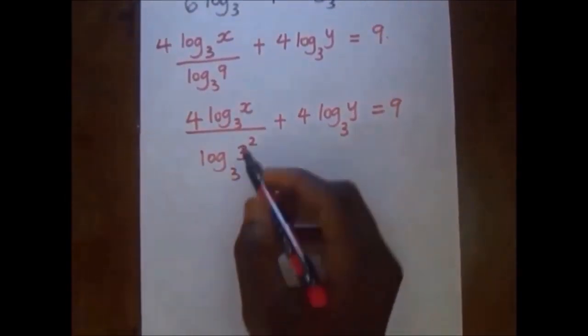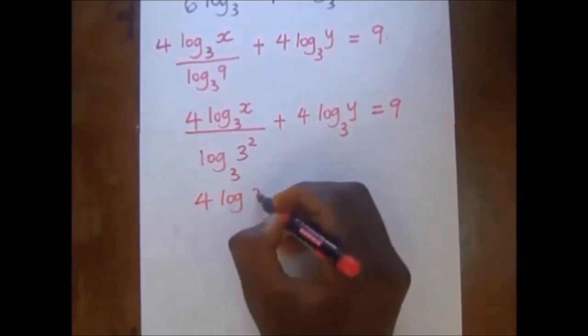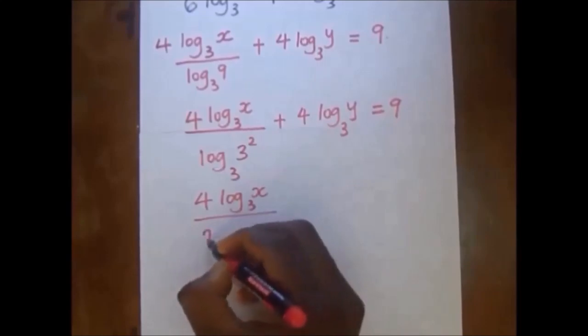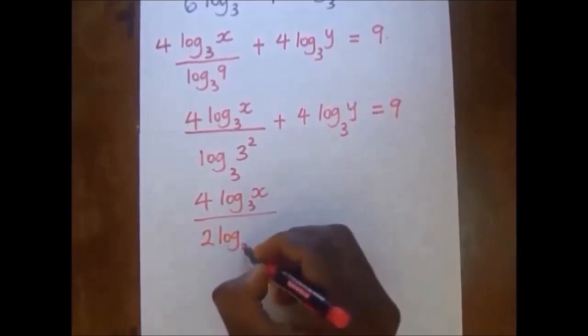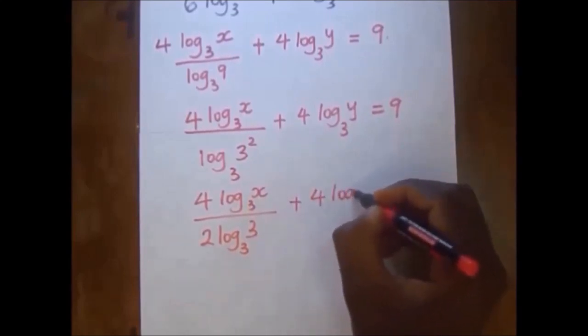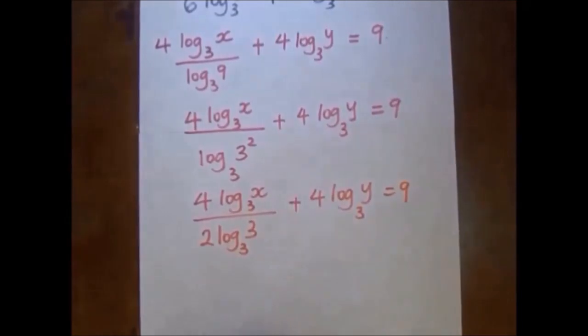What do we come up with? This becomes 4 log x base 3, divided by, this 2 comes down here, 2 log of 3 base 3, plus 4 the logarithm of y base 3 is equal to 9.